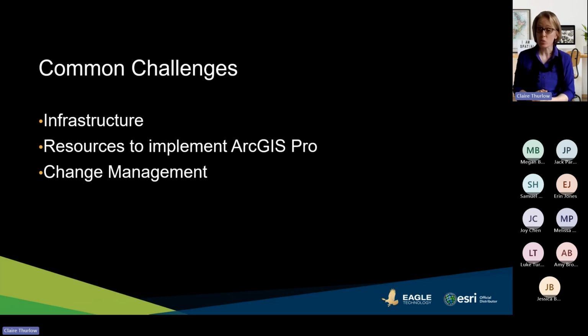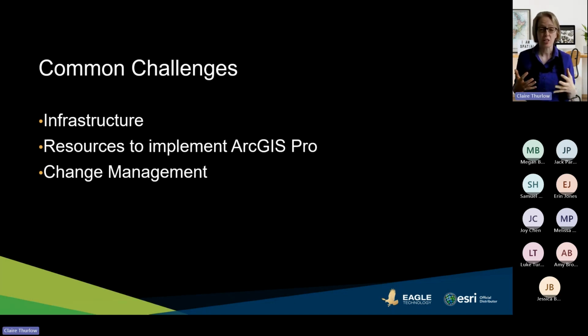That is a little bit more of an expense to get that graphics card enabled for you. So you might have to think not only about upgrading software, but also about upgrading infrastructure to be able to support your migration to ArcGIS Pro.